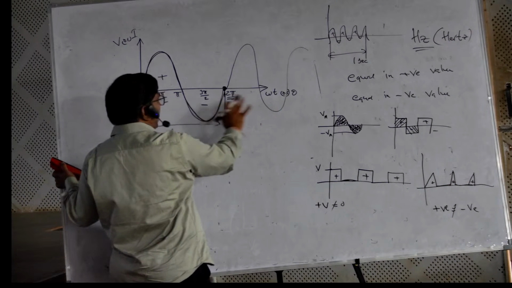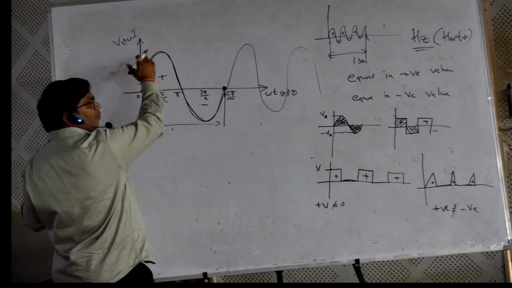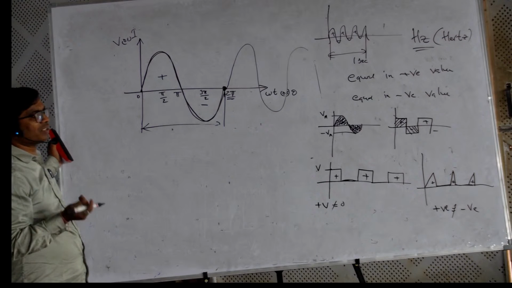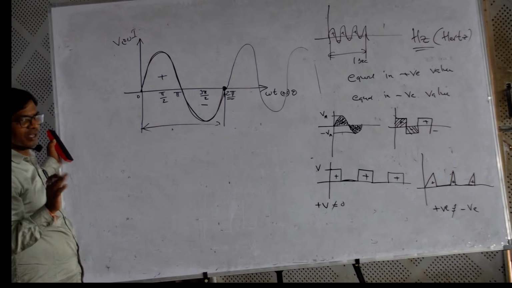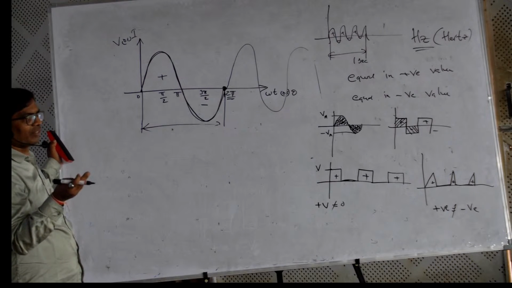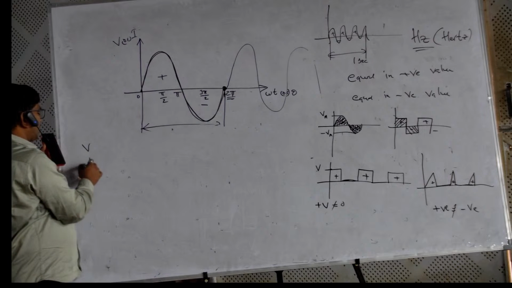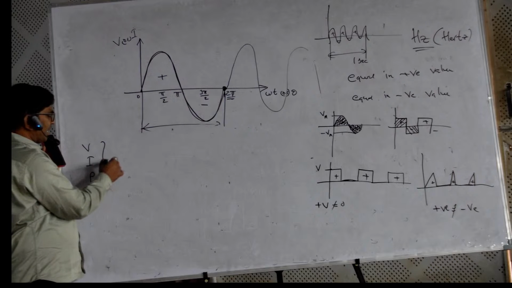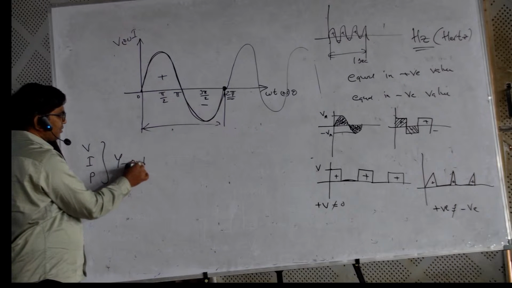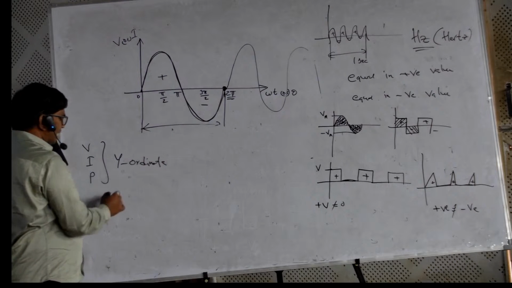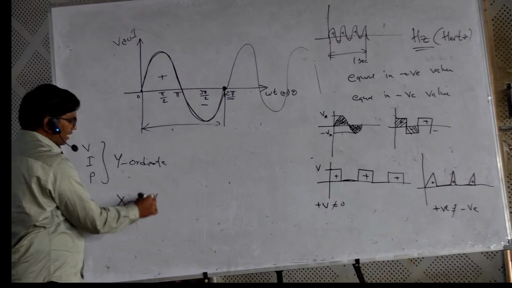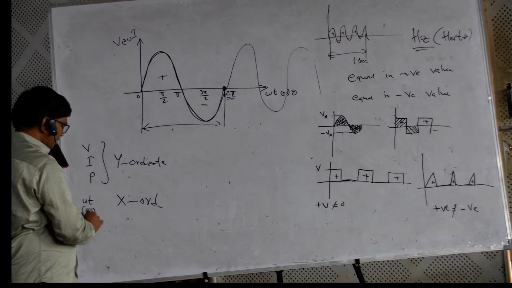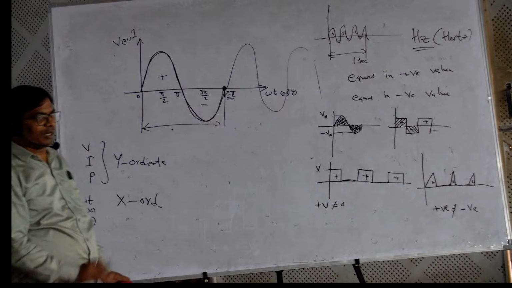With respect to electrical engineering, you can take voltage, current, or power. Any of these three basic parameters can be the y ordinate. The x ordinate may be omega t or theta angle. You can represent anything.